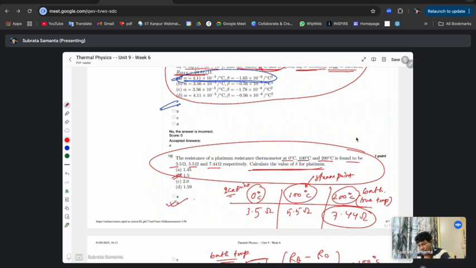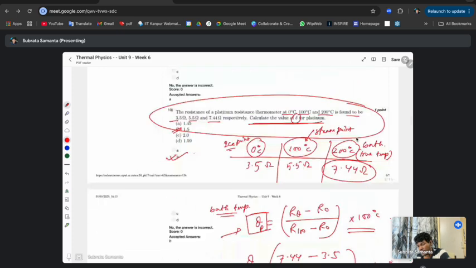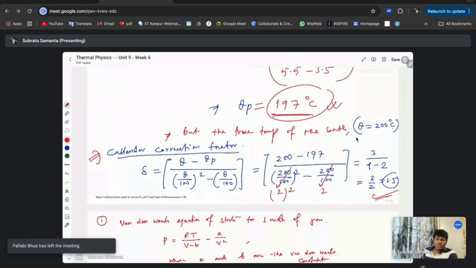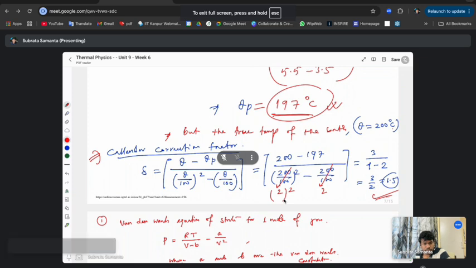Calculate the value of delta for platinum. This delta is nothing but the calendar correction factor. Okay. So far any question?